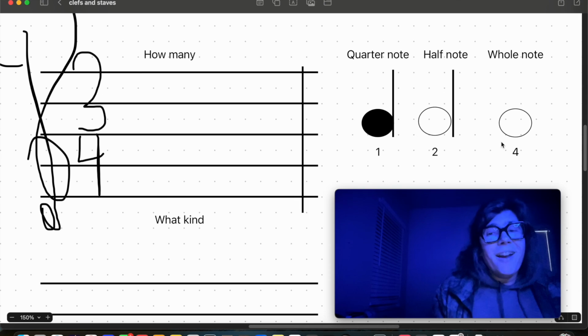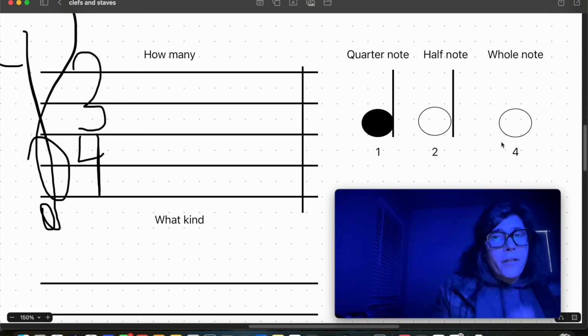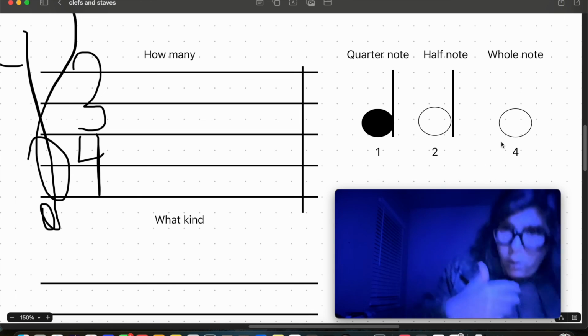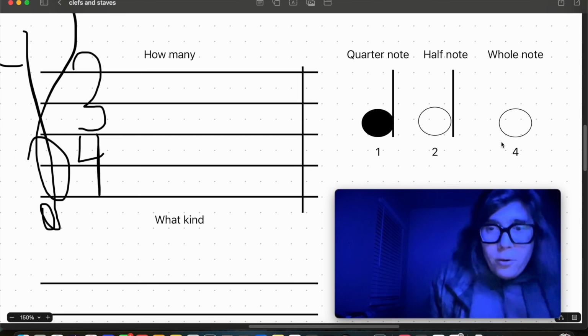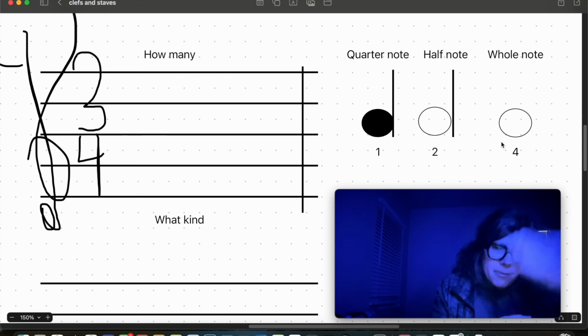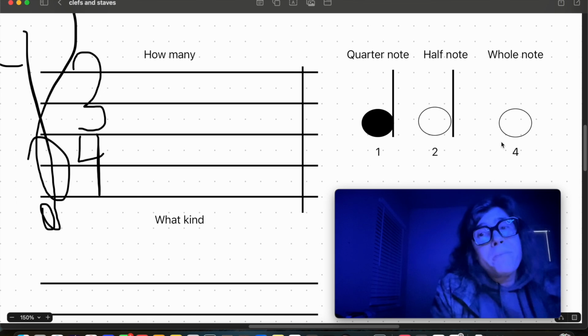Let me say that again. When I added that emphasis on, I went 1, 2, 3, 1, 2, 3, 1, we start to feel that forward momentum that 3 somehow has, especially when you give an emphasis on the first beat.